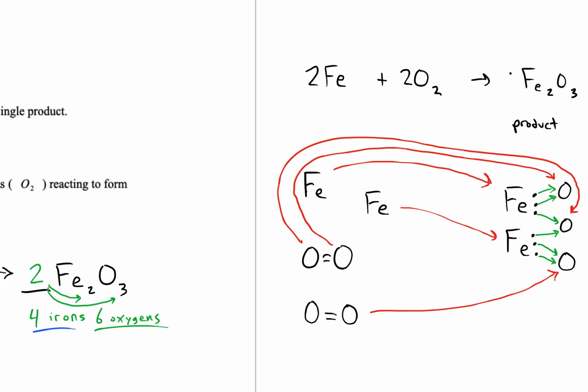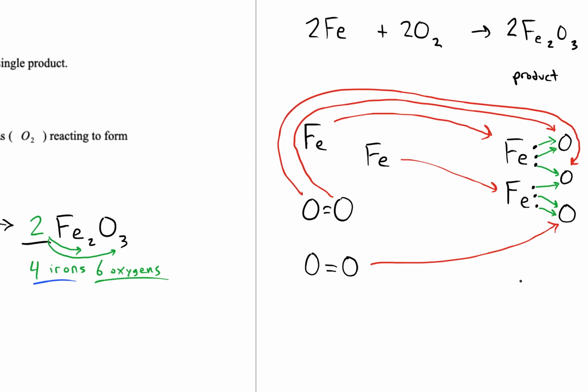What I'm going to do next is add a 2 out front of the Fe2O3. But as a picture, what that would mean is bringing in another copy of that entire product.